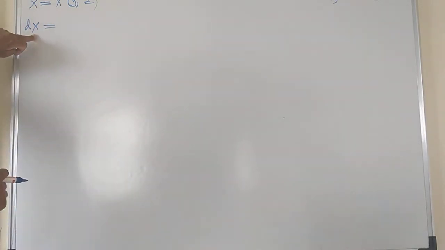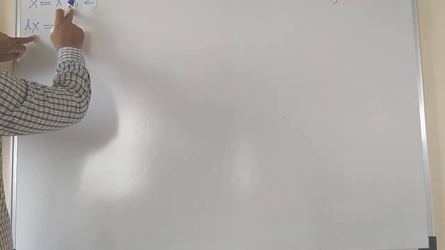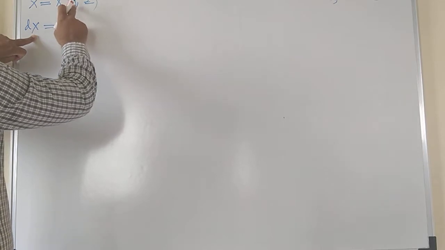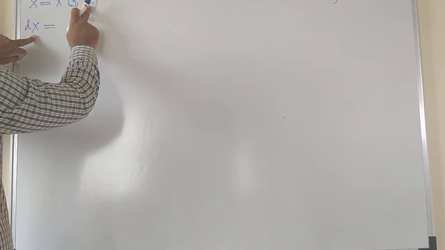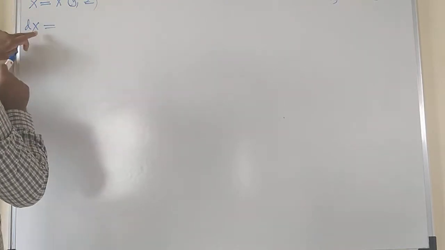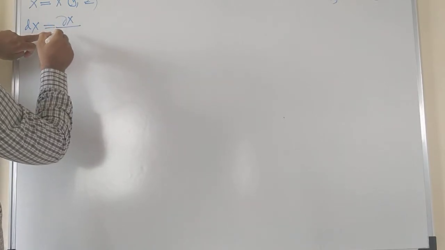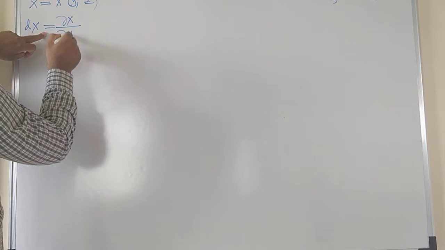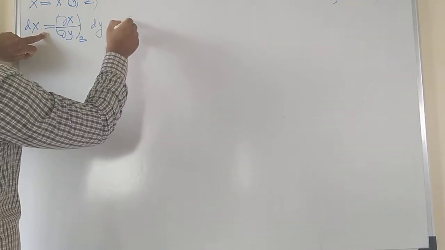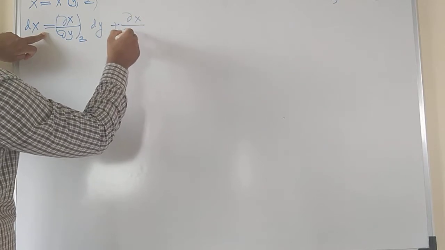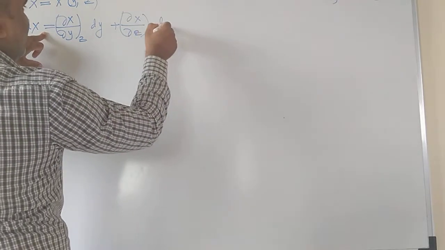So dx is equal to, now differentiation of your given function with respect to y first, and then differentiation of your given function with respect to the second variable, considering other variables as a constant. So dx is equal to dou x by dou y when z is constant into dy, plus dou x by dou z when y is constant into dz.